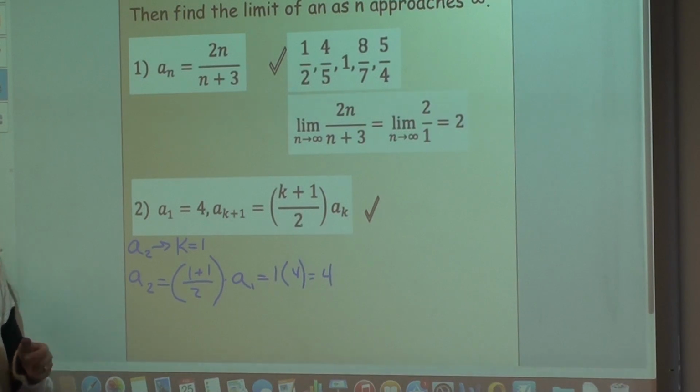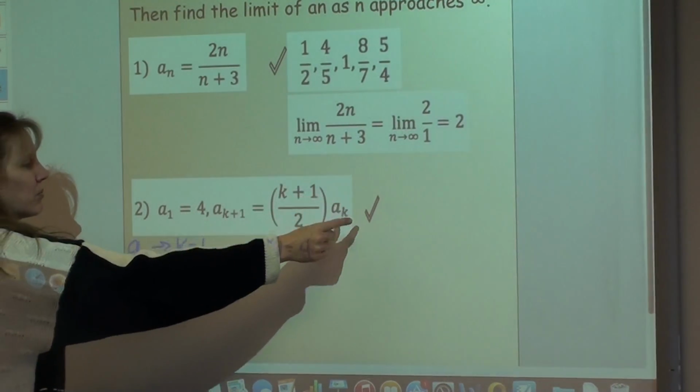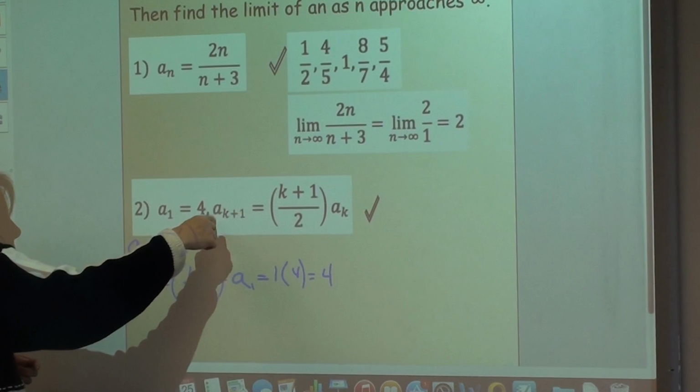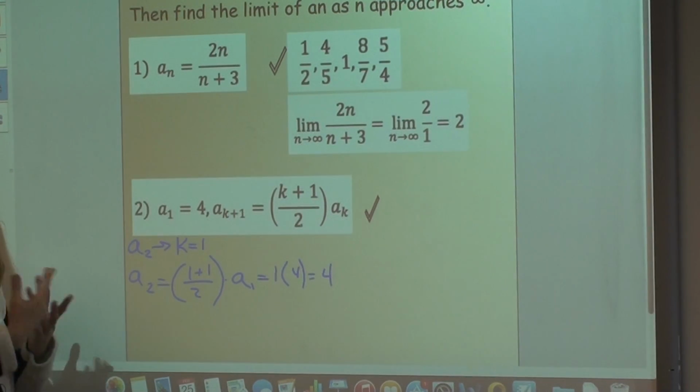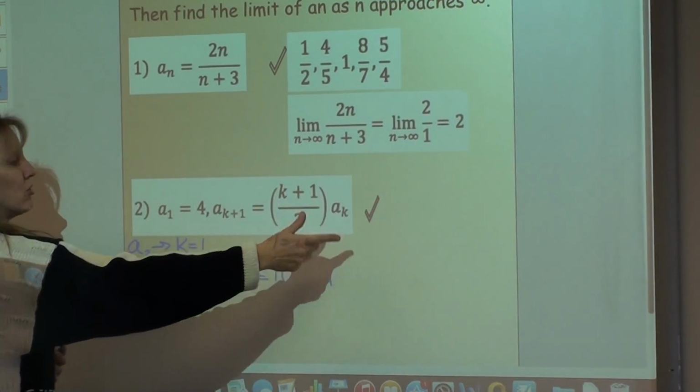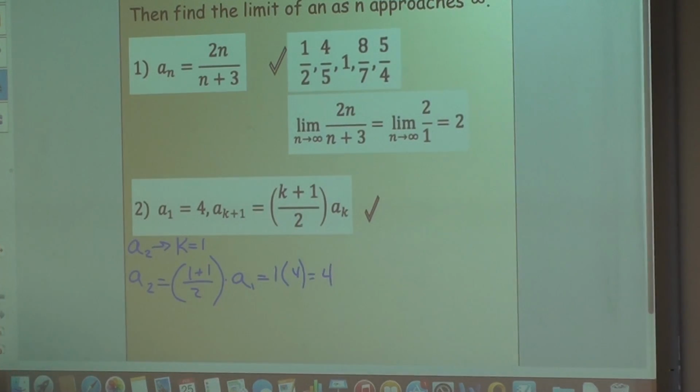So 2 over 2 times the previous term. Then I want a sub 3, 3 over 2 times the previous term. A sub 4 would be 4 over 2 times the previous term. However you want to think about it, it's fine, as long as you get the right thing written on paper.